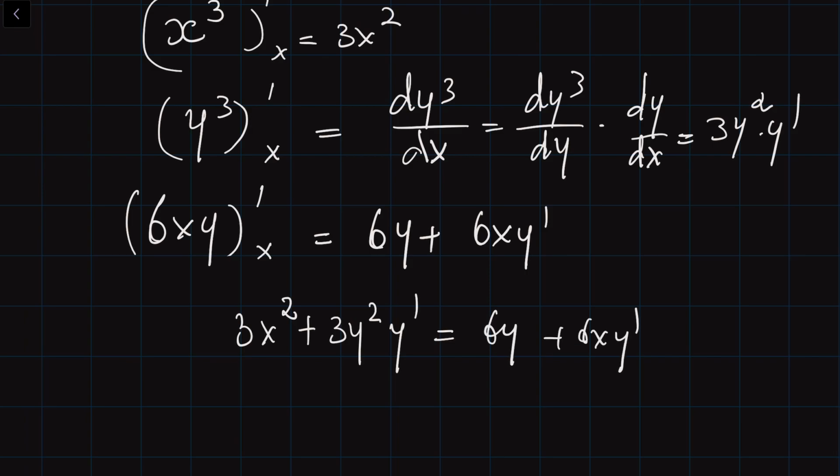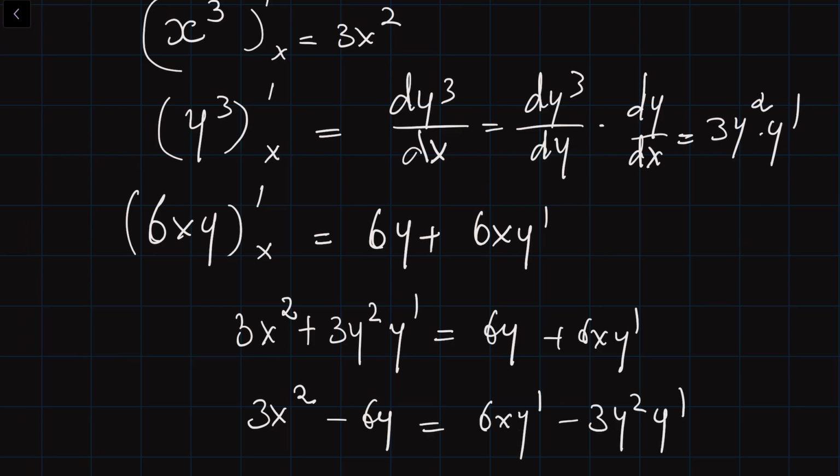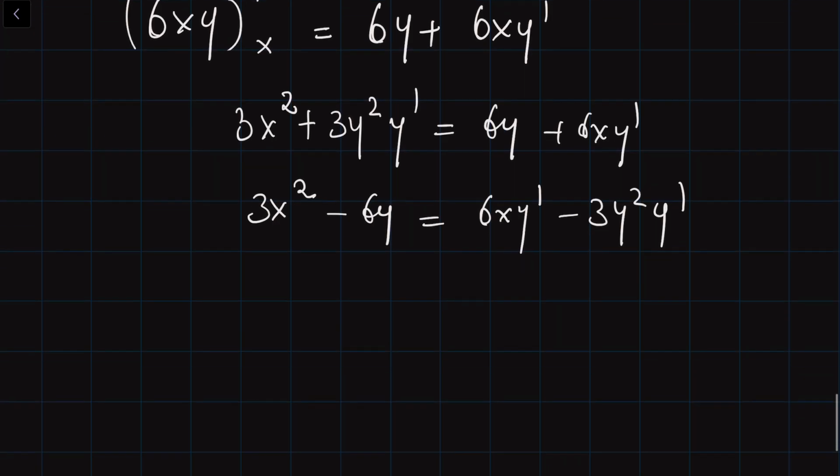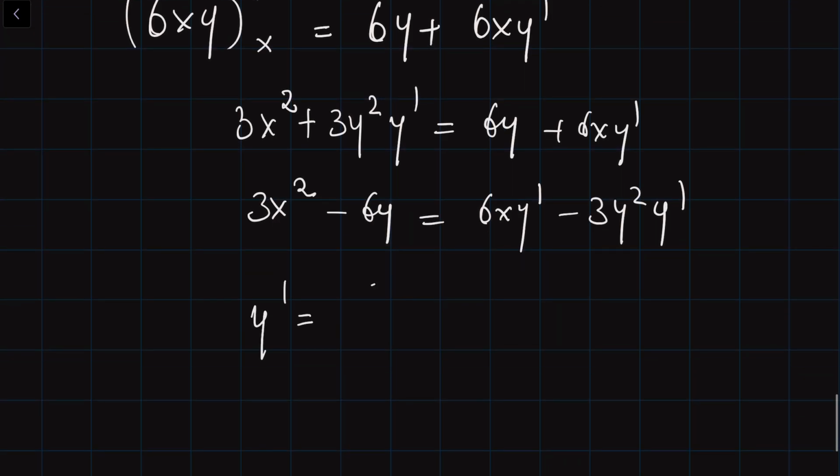I have to find y prime from here. So that is why I'm going to put all of the terms with y prime on one side, and the terms without y prime on another side. So it is going to be 3x squared minus 6y is equal to 6x y prime minus 3y squared y prime. And from here we can find y prime. It is going to be (3x squared minus 6y) divided by (6x minus 3y squared).